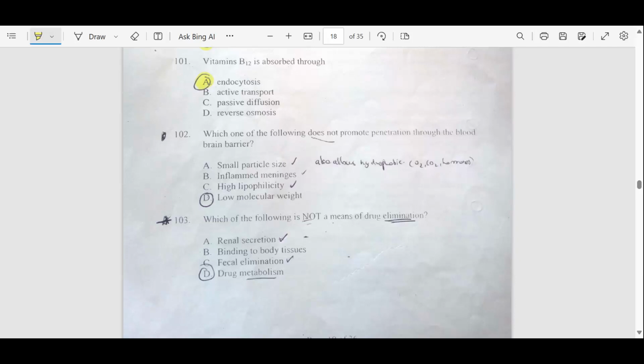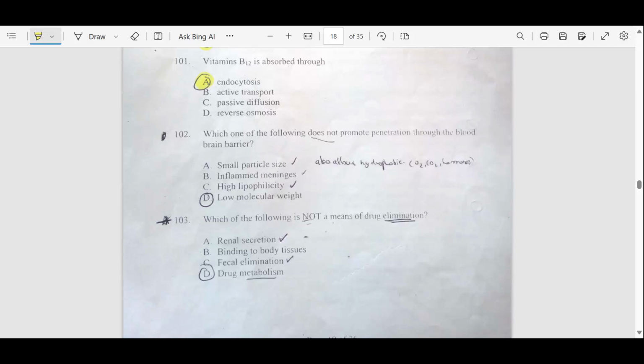Riboflavin is vitamin B2. You should also be able to know that. Someone is asking about vitamin B1. It's thiamine. Vitamin B1 is thiamine.